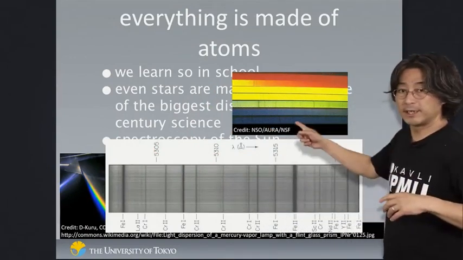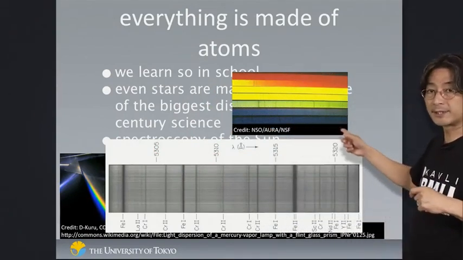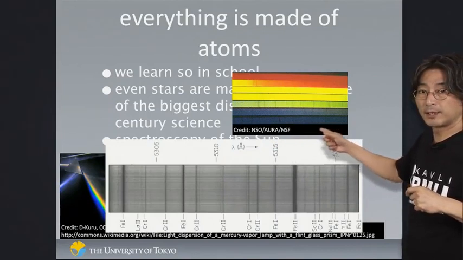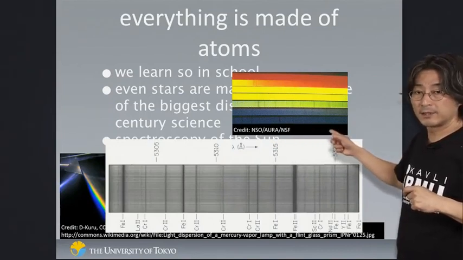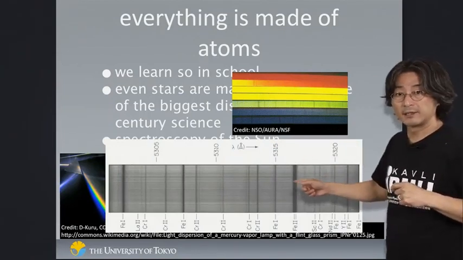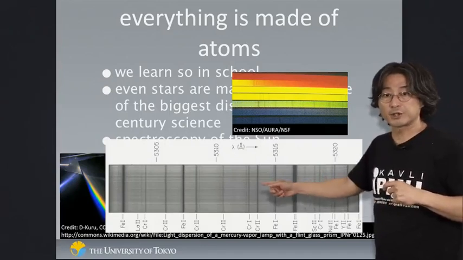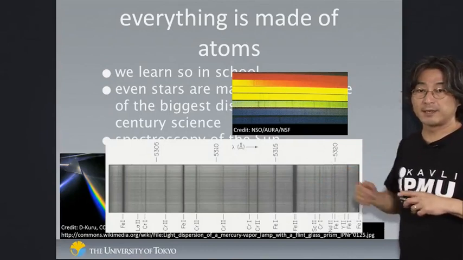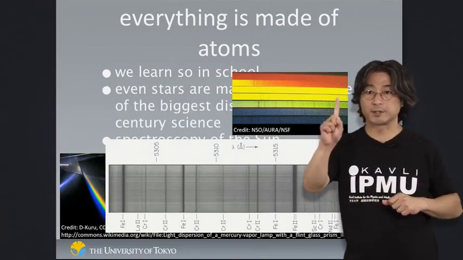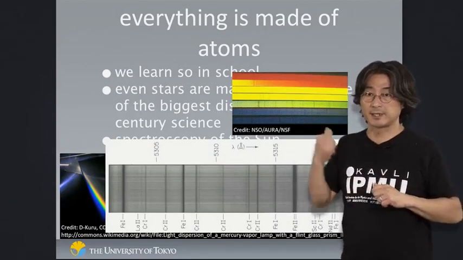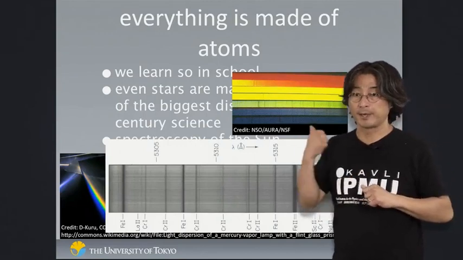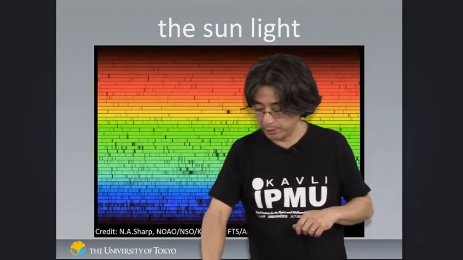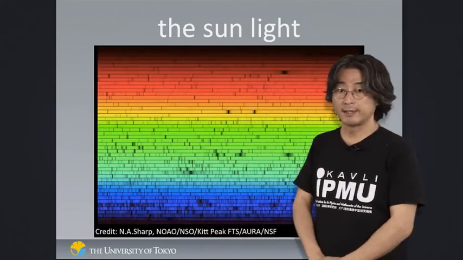So once you see these missing black lines in the sunlight, you can look at the particular color of these missing lines and say, aha, this is iron, this is chromium, and so on. In some sense, these missing lines are like fingerprints of the chemical elements that exist inside the sun. By studying these missing lines, you can tell what the sun is made of.